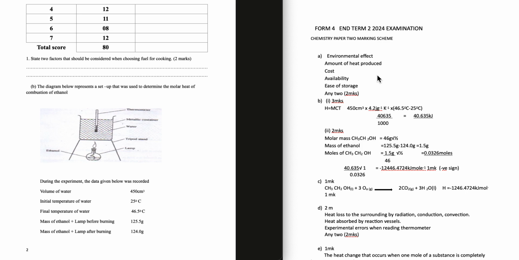Question 1b. The diagram below represents a setup that was used to determine the molar heat of combustion of ethanol. During the experiment, the data given below was recorded: volume of water, initial temperature of water, final temperature of water, mass of ethanol added to lamp before burning, mass of ethanol added to lamp after burning.